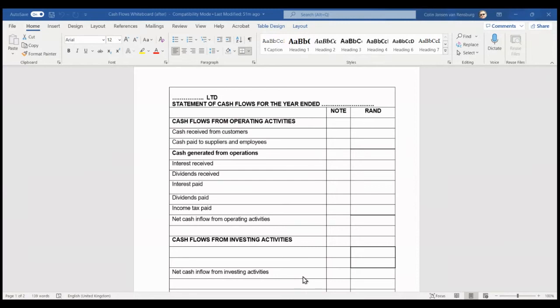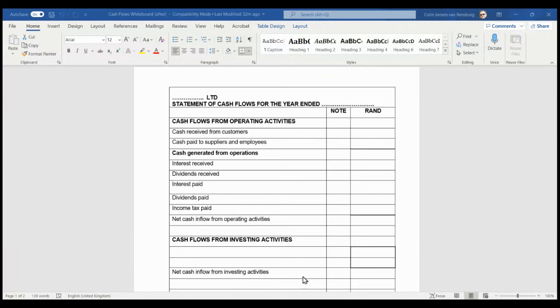So, ladies and gentlemen, once again, I want to emphasize this very, very clearly, that you have to use the words, if it's an inflow, interest received or dividends received. If it's an outflow of cash, you have to use the words interest paid or dividends paid or income tax paid.